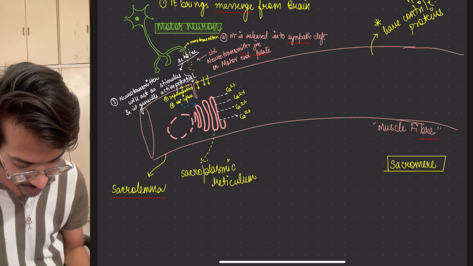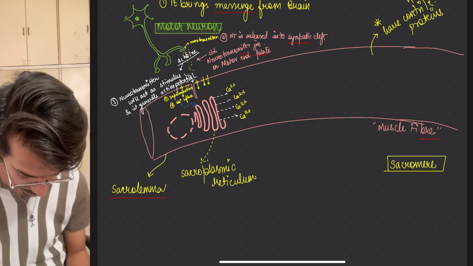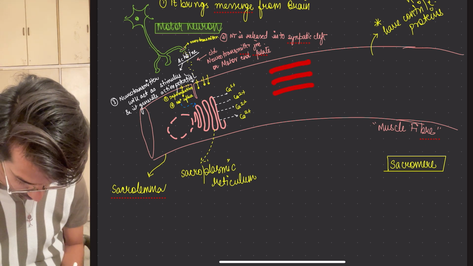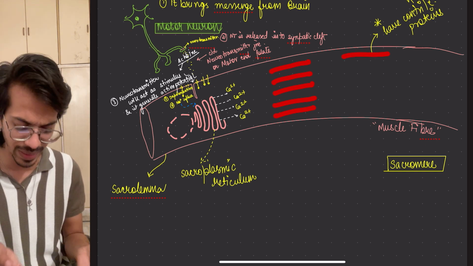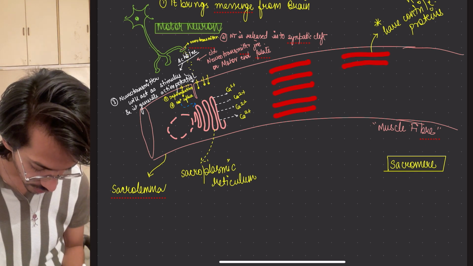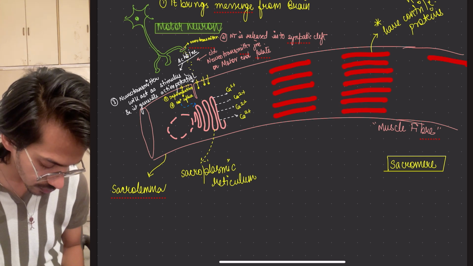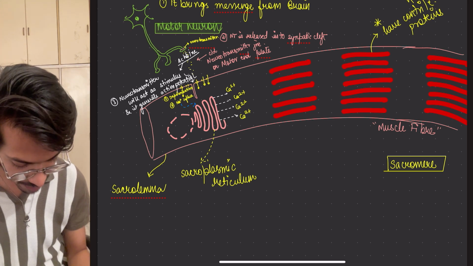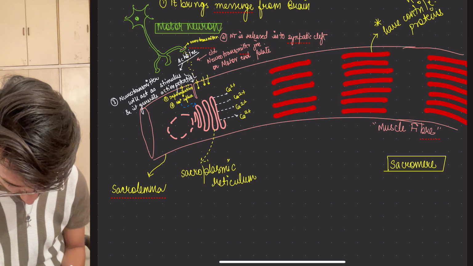If something is thick, it will appear darker in color, so I am making a darker kind of protein. This red contractile protein is present like this; this is your darker protein. Simultaneously there is also a lighter protein, which I am making like this.